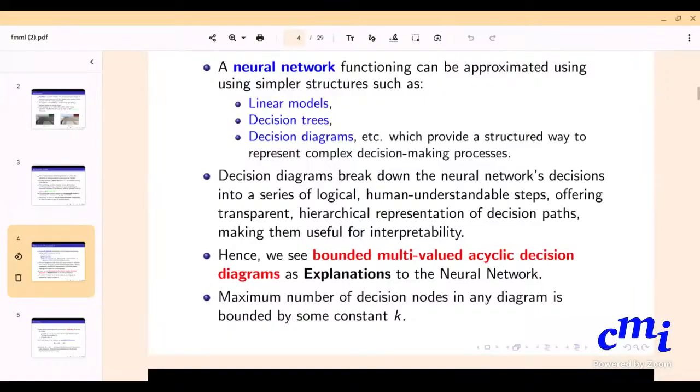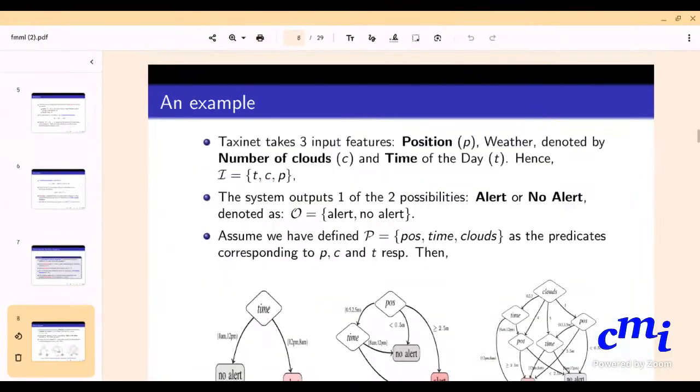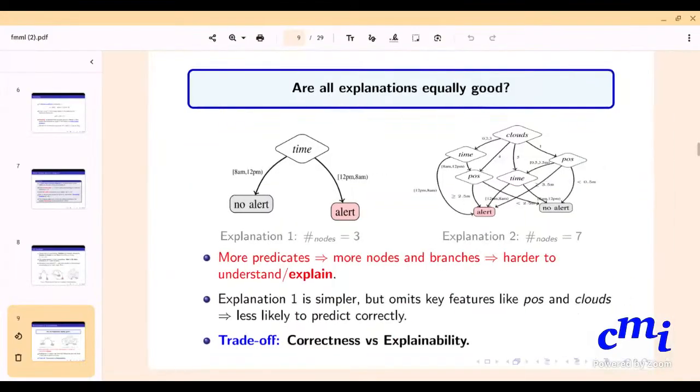What I suggest is, before you introduce this example, go to the example slide, because you don't have a slide which has your formal definitions, which are mainly for decision trees.